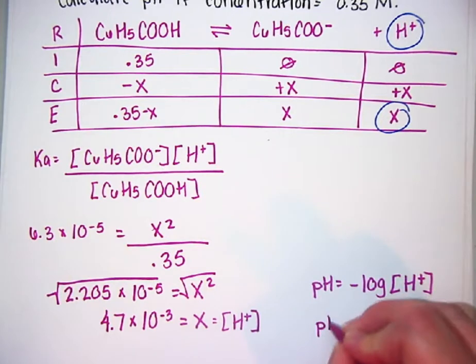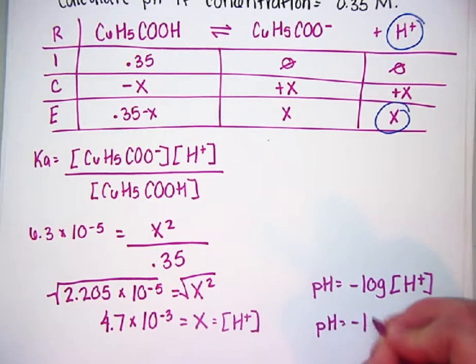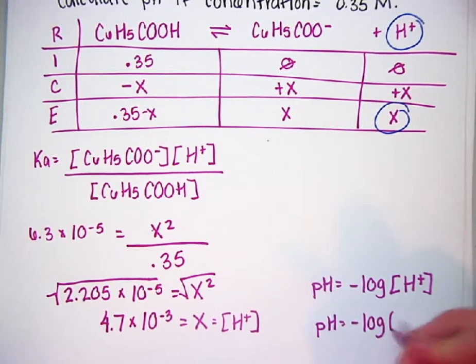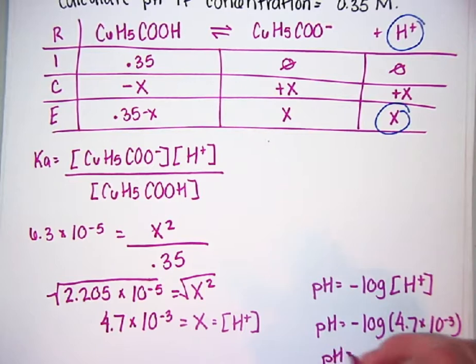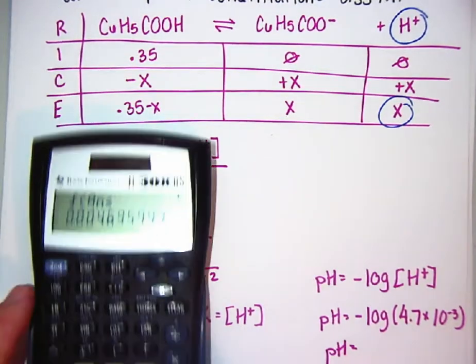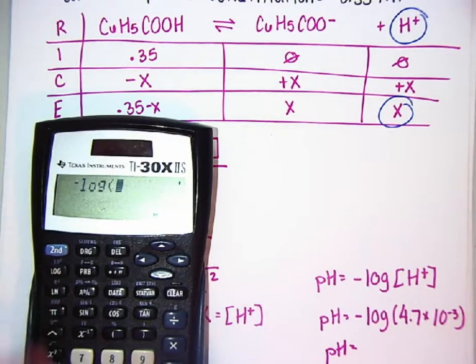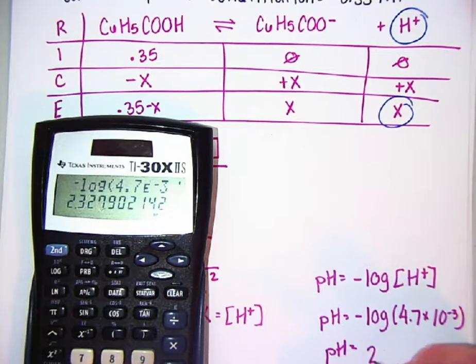So now let's solve for pH. pH is equal to the negative log of 4.7 times 10 to the negative third. My pH is about 2.33.